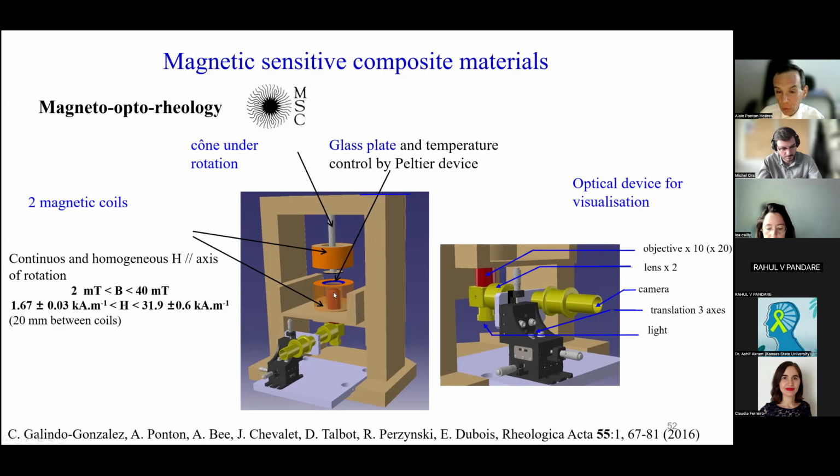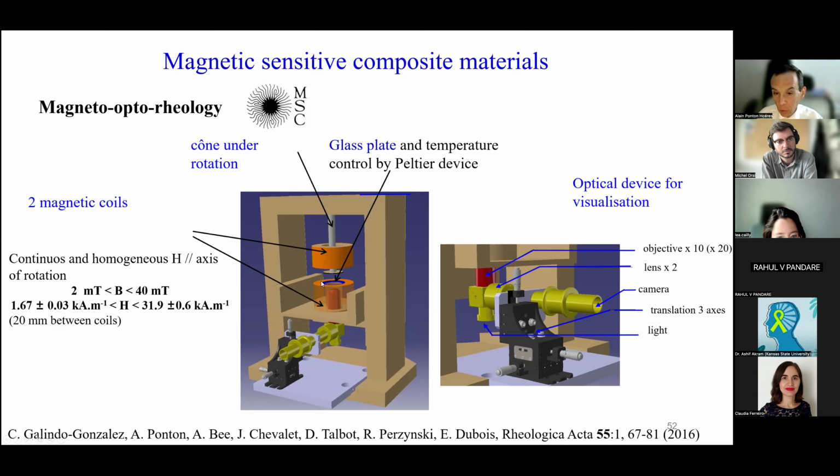We built these two coils, one to put the plate, and this other one around the cone under rotation. This configuration allows us to apply a continuous and homogeneous magnetic field. And we also built a third part to observe the sample during measurement.